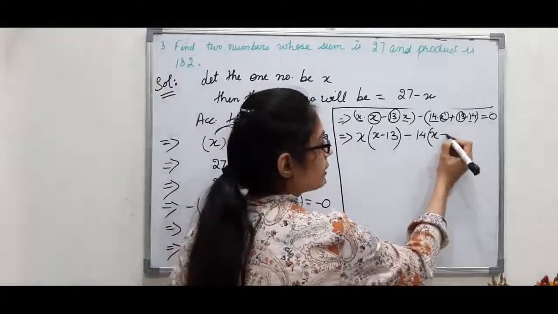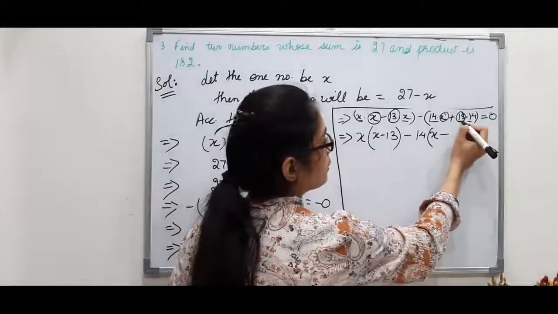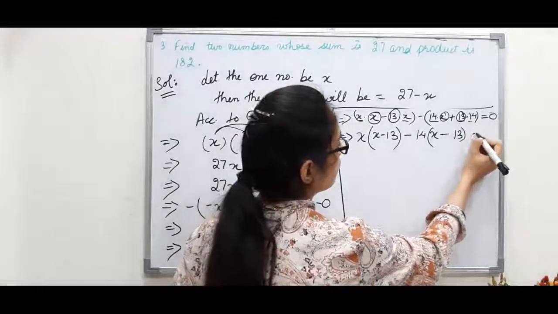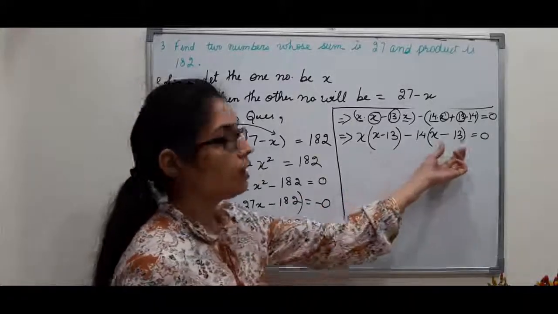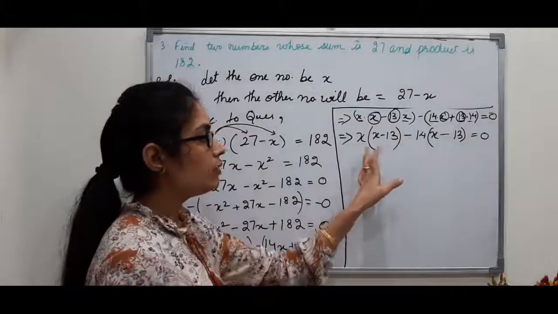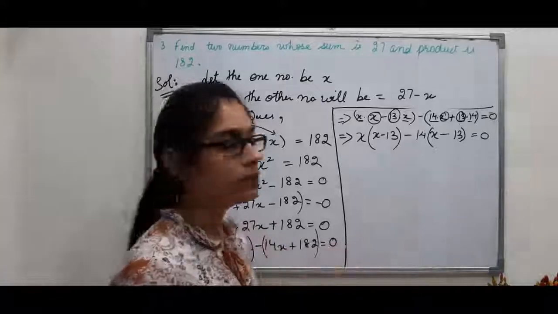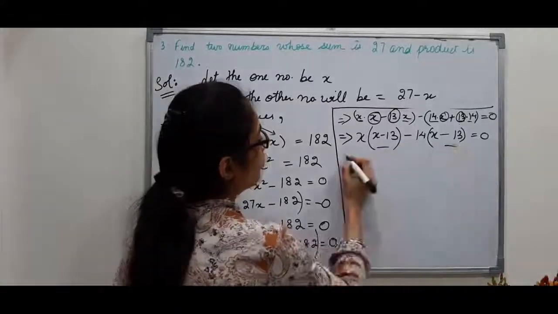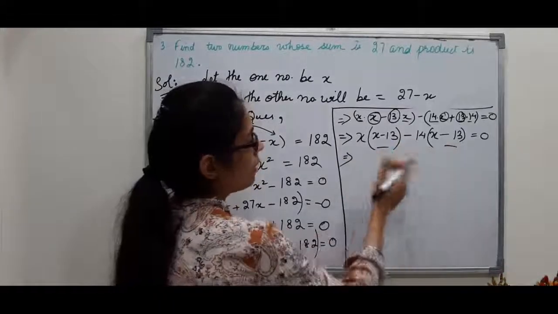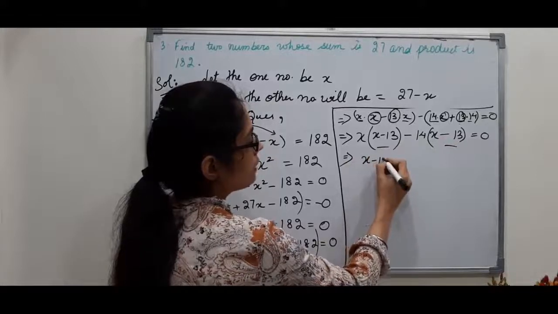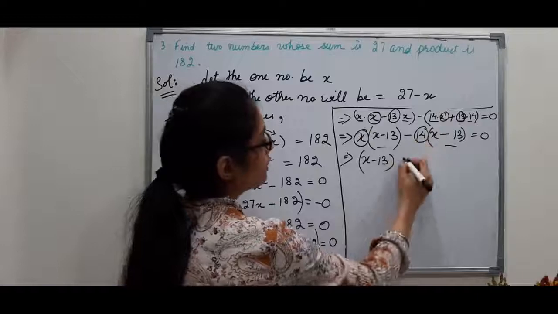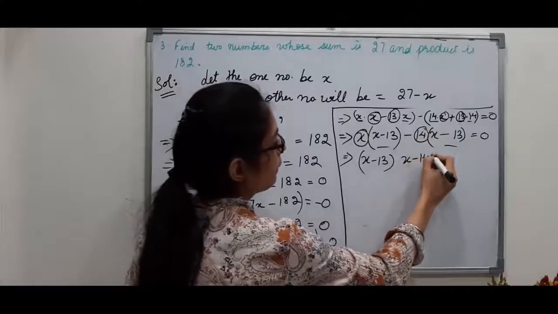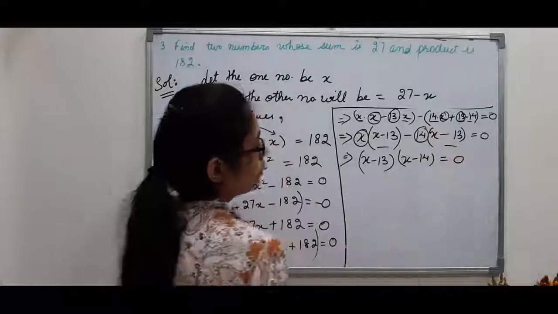So plus will be changed to minus, remaining number is 13. Now I have already told you if these terms are the same, this means your sum till now is correct. So now this term x minus 13 I will write first because it is common in both. Now I will write the remaining terms, which is x minus 14, is equal to 0.